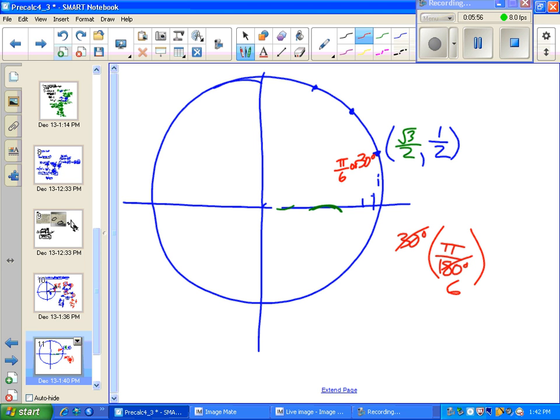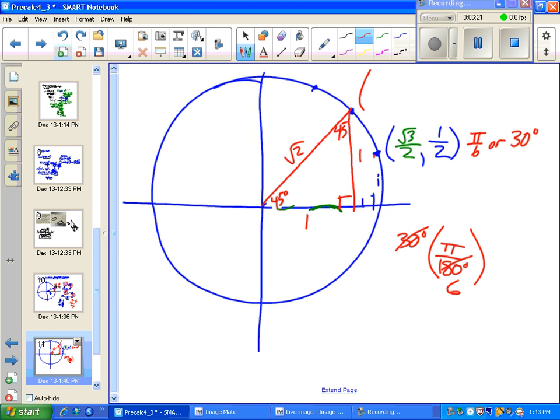Okay, so let's go to 45 degrees. Now I'm going 45-degree rotation. I would do the same thing with similar triangles, but again, I'm going to kind of cheat it. 1, 1, root 2, a 45, 45, 90 triangle.